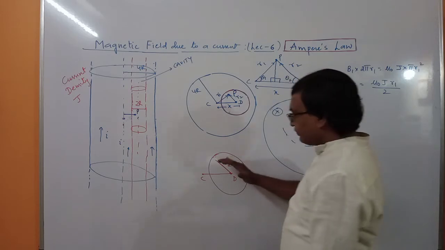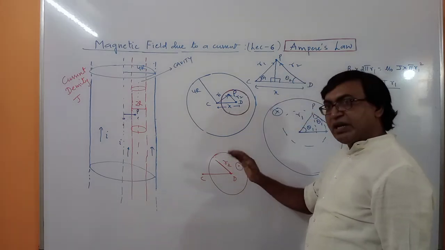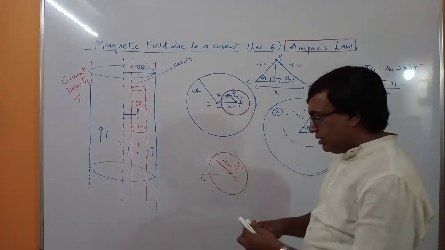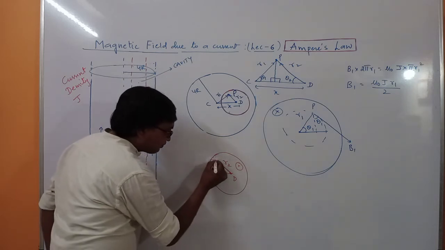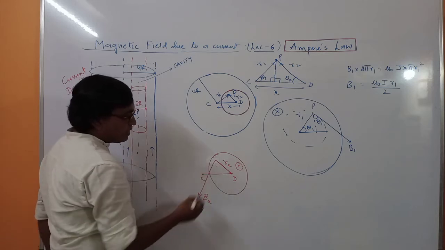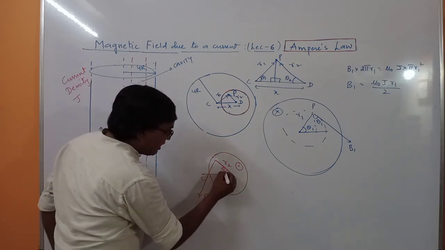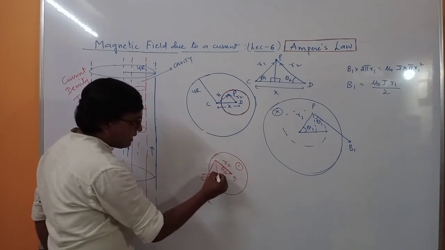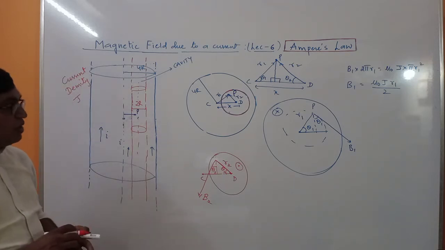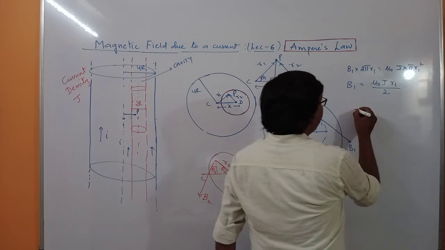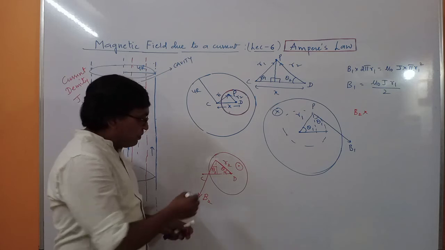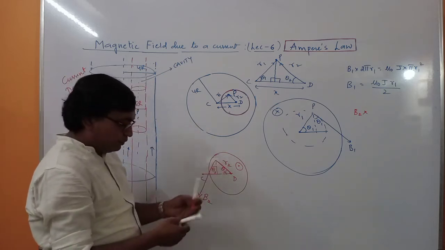By using the right hand thumb rule, the magnetic field will be in the downward direction, perpendicular to this. So that is B2, perpendicular to this, and we assume this angle to be theta 2. If I drop a perpendicular here, this angle will be theta 2. Let us find B2. Ampere's loop should pass through this point at R2.